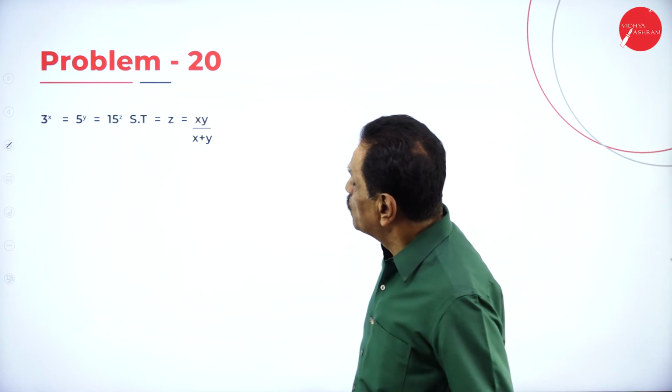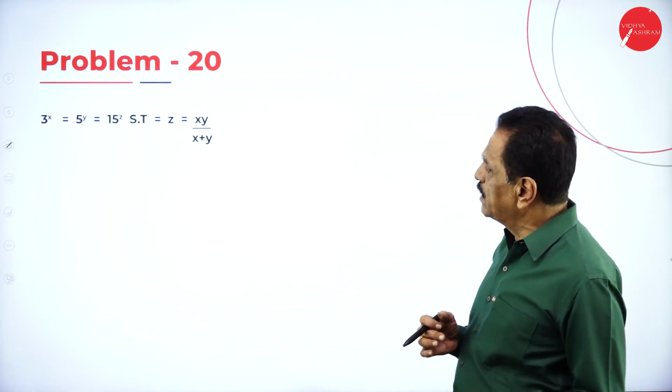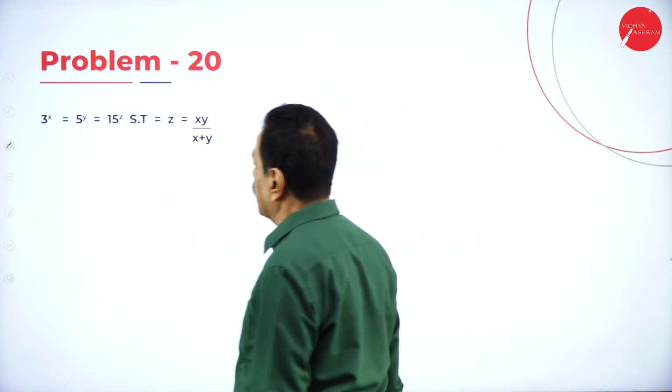Prove that 3^x = 5^y = 15^z implies z(x + y) = xy.